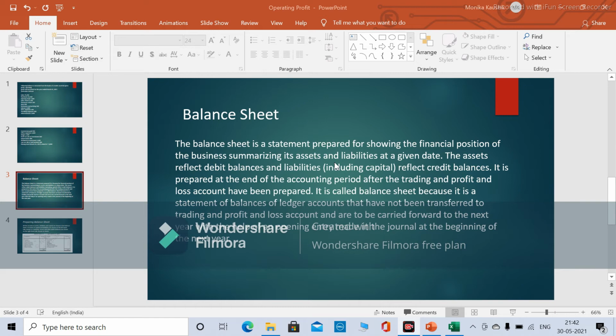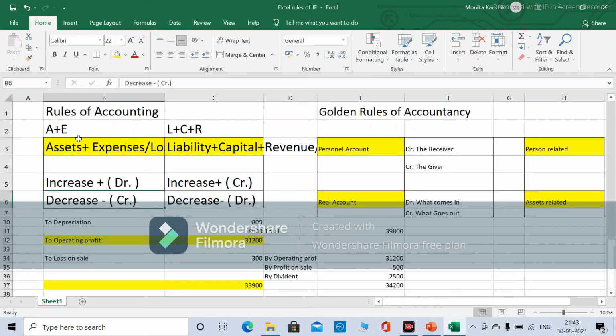We only show assets and liabilities in the balance sheet. The assets reflect the debit balances, which we have already covered in the trial balance. Assets have the debit balances, and the liabilities including capital reflect the credit balances. So let's understand with the help of this sheet.